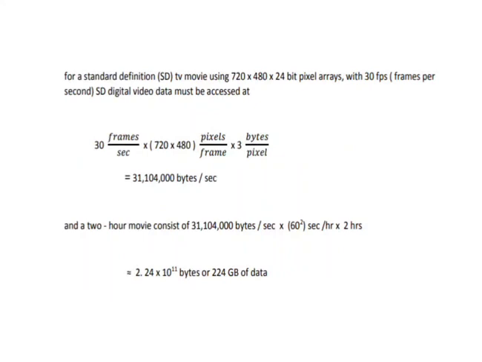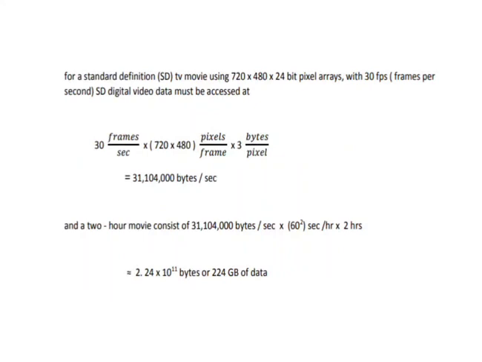To better understand the need for compact image representation, consider the amount of data required to represent a 2-hour standard definition, that is SD, television movie using a 720 by 480 by 24 bit pixel array. A digital movie or video is a sequence of video frames in which each frame is a full color still image.